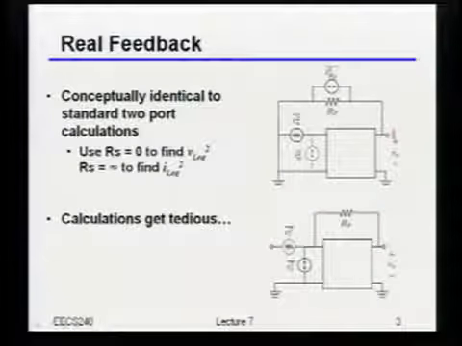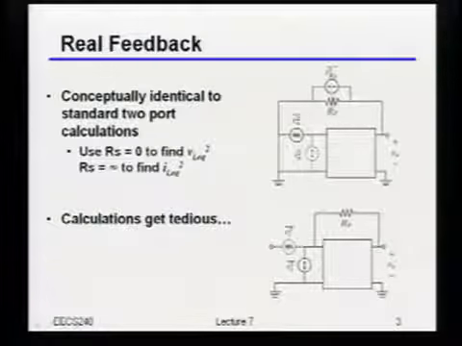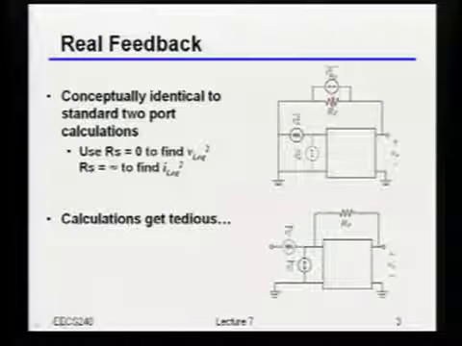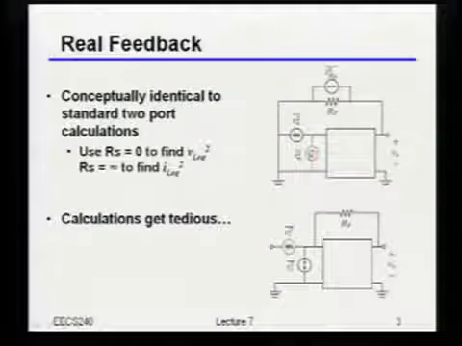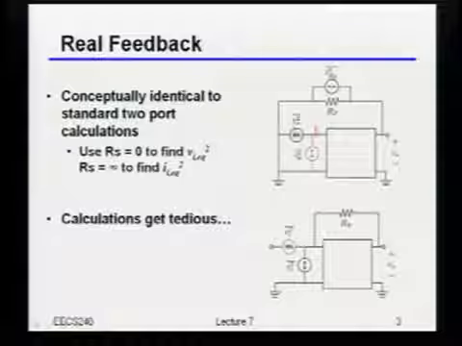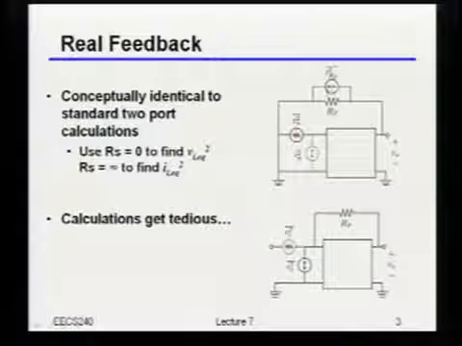So conceptually, if I wanted to figure out how much extra noise this is adding, I can just do the exact same calculations I had done before to figure out the input referred voltage noise and the input referred current noise. If I wanted the input referred voltage, I short out the input, and that would tell me the input referred voltage noise, including this feedback resistance.